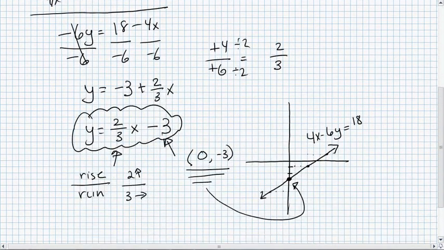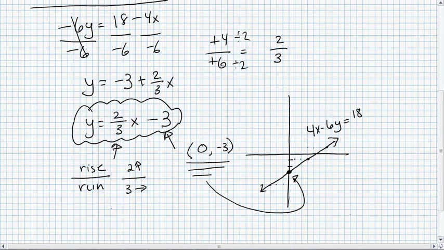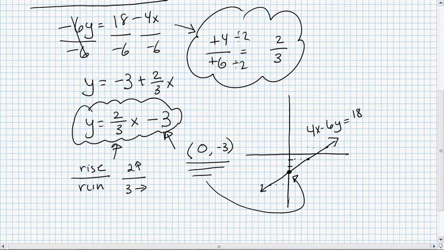So my slope was the rise over run, the 2/3. Remember, I got that by reducing negative 4 over negative 6. And then I counted up 2 to the right 3, up 2 to the right 3 from that first point, 0, negative 3, and connected my points.